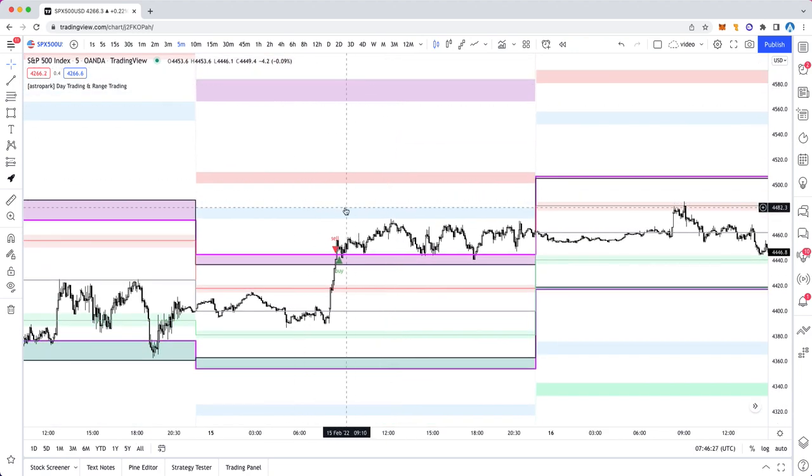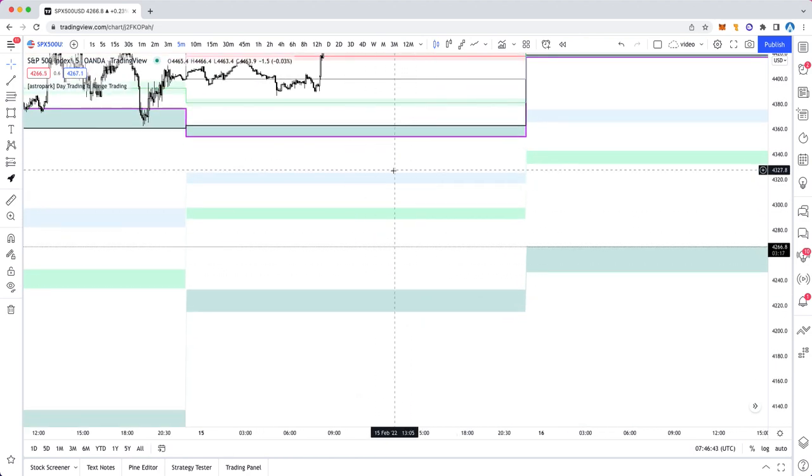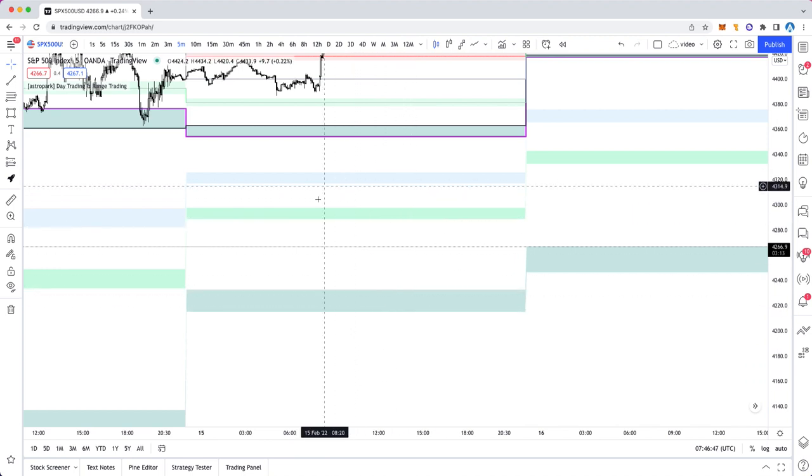So these 3 areas, the blue, the red and the purple one, are extension areas of resistance. The same goes for the lower ones, blue, green and teal. So these are extended support areas.